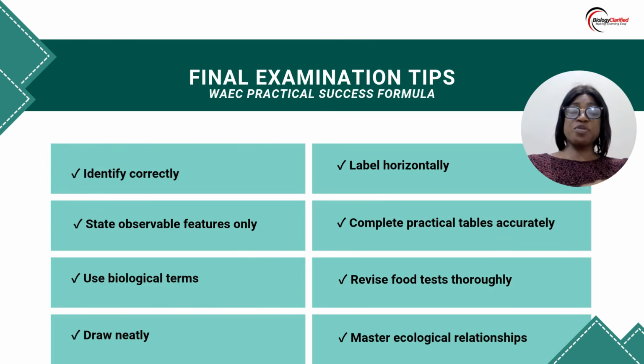There will be a column for observation; write only what you can see, and then draw your inference based on the theoretical knowledge you have about food tests. And then revise food tests thoroughly, and the ecological relationship between specimens P, Q, R: the thermometer, the meter rule, the quadrats, the ecological factors, their instruments for measuring ecological factors.